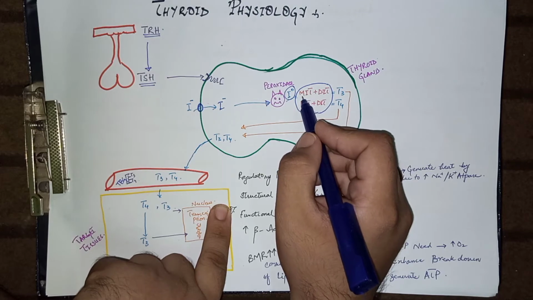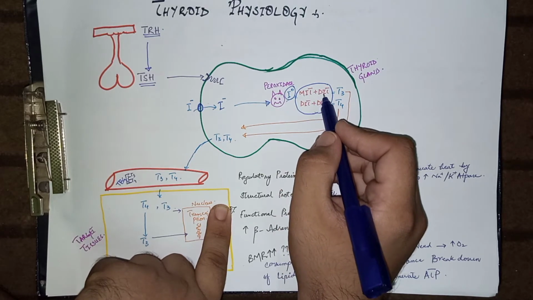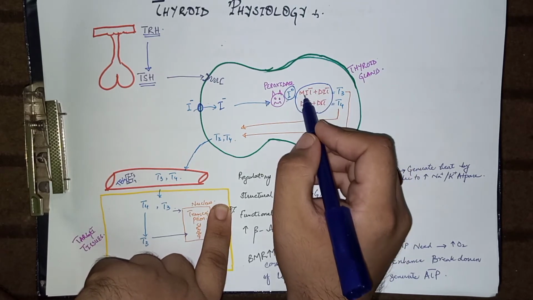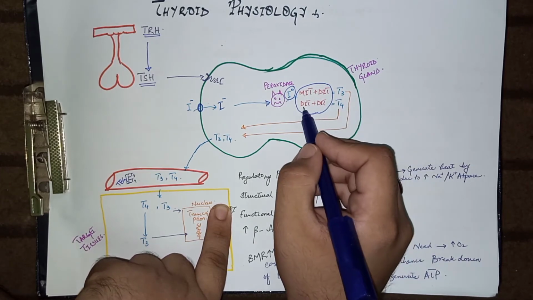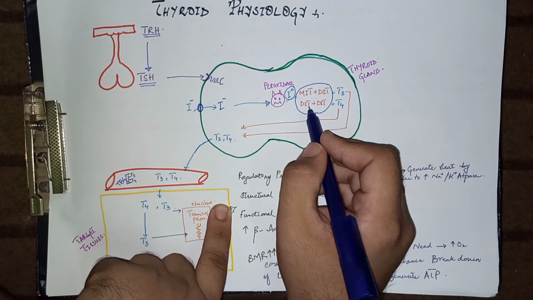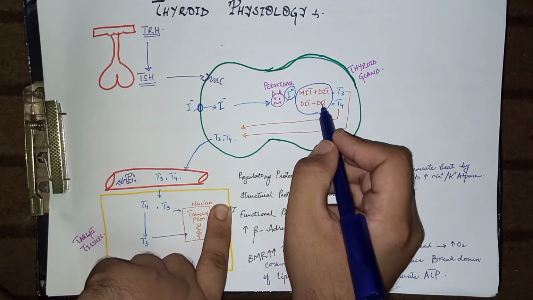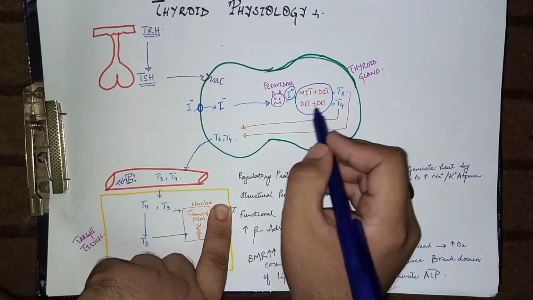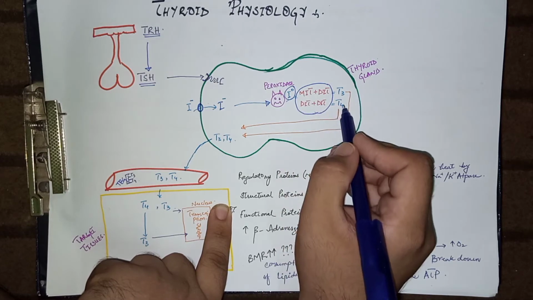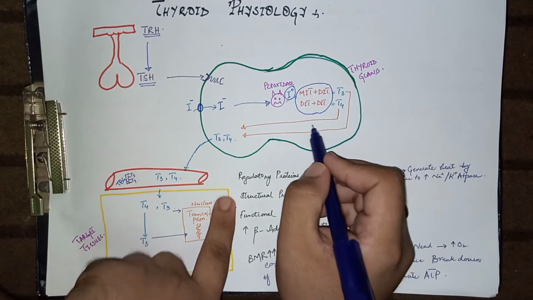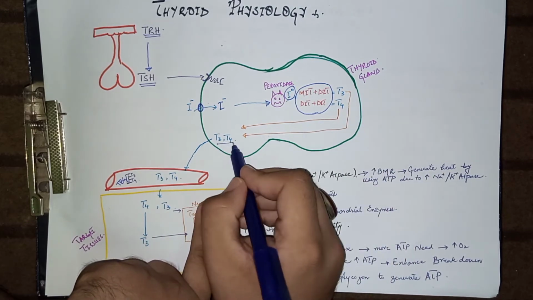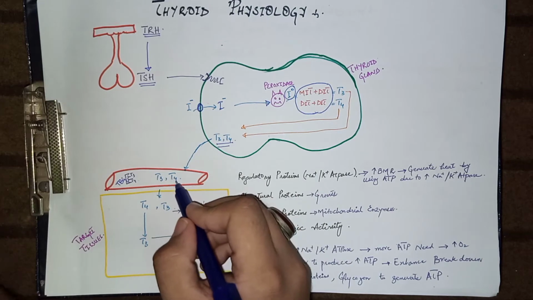So this is MIT, monoiodotyrosine, and this is DIT, diiodotyrosine. When MIT binds with DIT, T3 is formed, and when DIT, that is two iodine molecules, binds with these two iodine molecules, DIT plus DIT equals T4. In this way T3 and T4 are formed, and after proteolysis these two enter into the blood circulation.